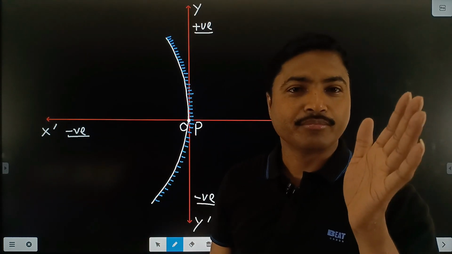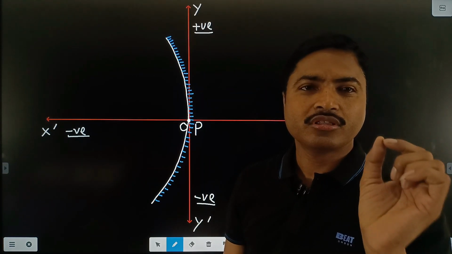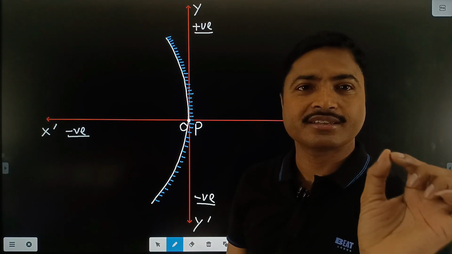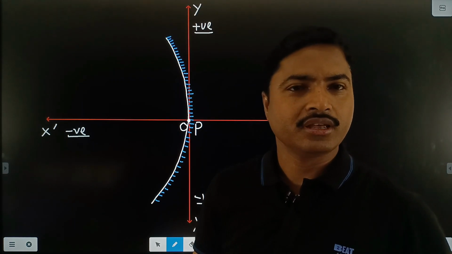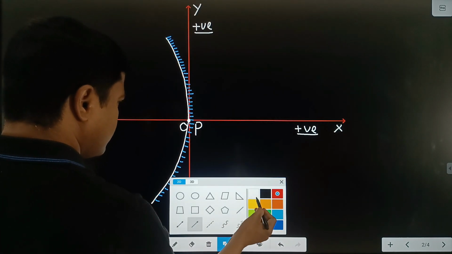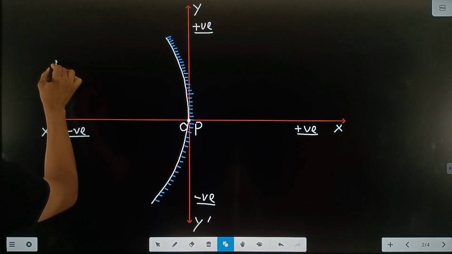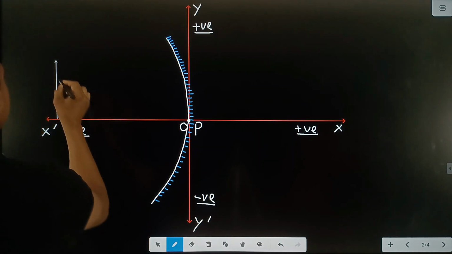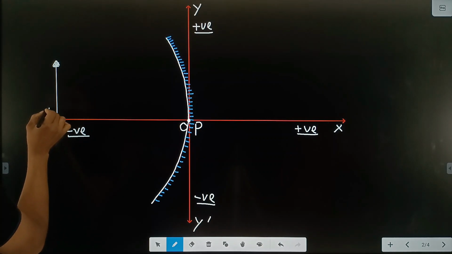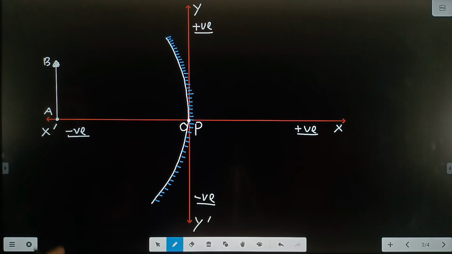Now all distances are measured always starting from the pole, just like in your Cartesian coordinate system. Clear? And suppose the object is there. Suppose this is the object, and for the height of the object we write AB. This point is A, this point is B, this one is the object.